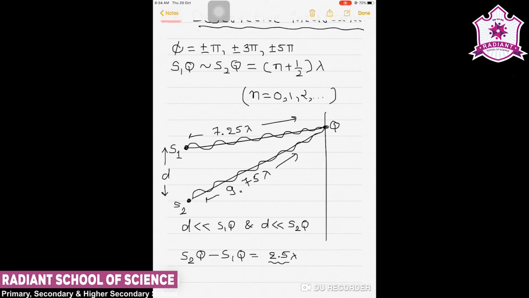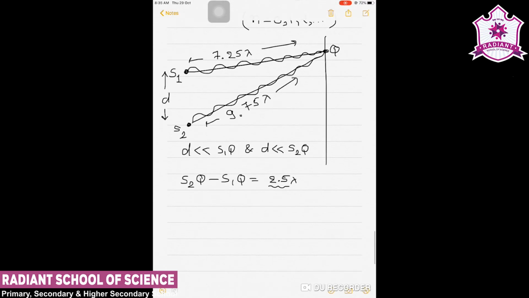So if they have a path difference of 2.5 lambda, that corresponds to the equations: y1 is given by a cos omega t, and y2 is given by a cos of omega t minus 5 pi.